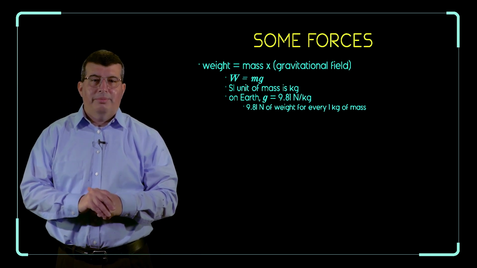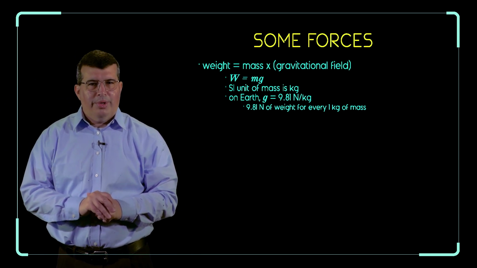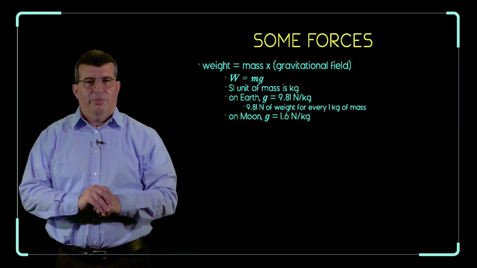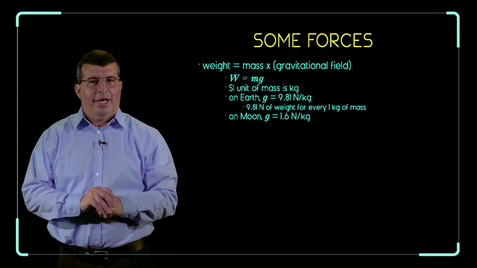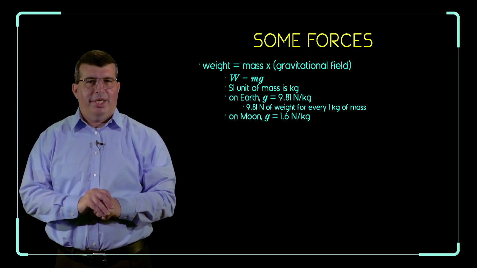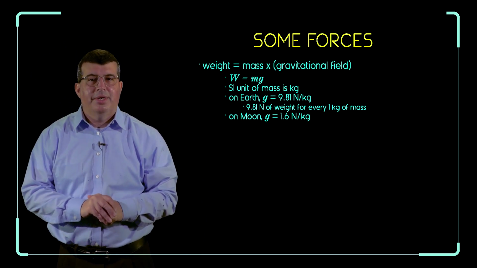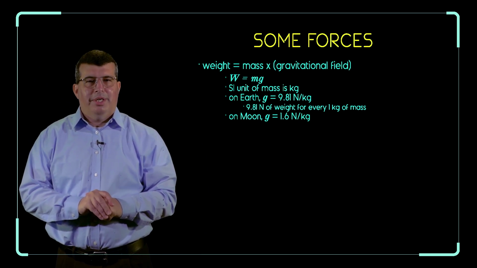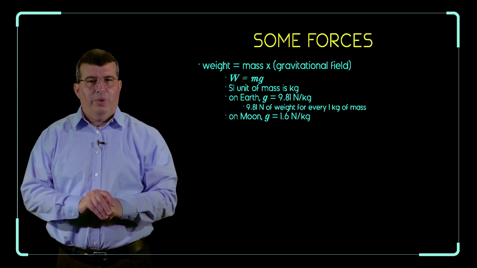On the moon, things are different. The gravitational field on the moon is only 1.6 newtons of force per kilogram of mass. So if you bring an object from the Earth to the moon, that object's mass will not change. A kilogram of mass will stay a kilogram of mass, but the weight of that object will change because the gravitational field of the moon is weaker.